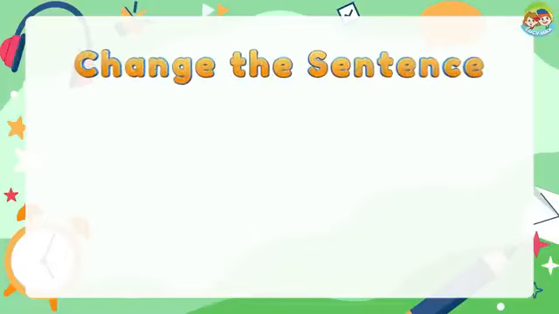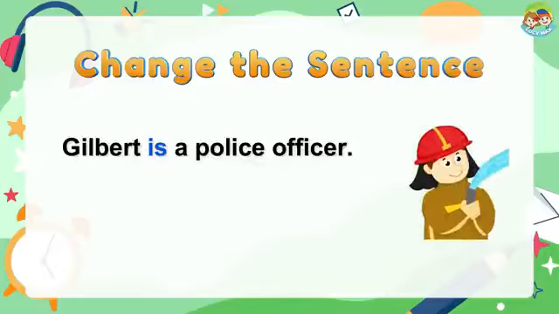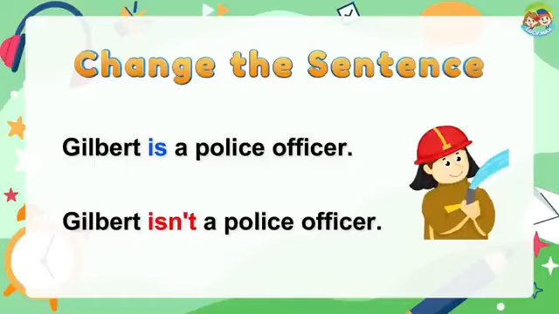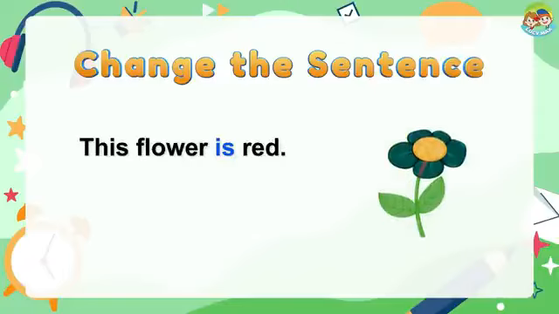Change the sentence into a negative sentence. Gilbert is a police officer. We put not after be verb. The negative sentence will be Gilbert isn't a police officer. This flower is red.